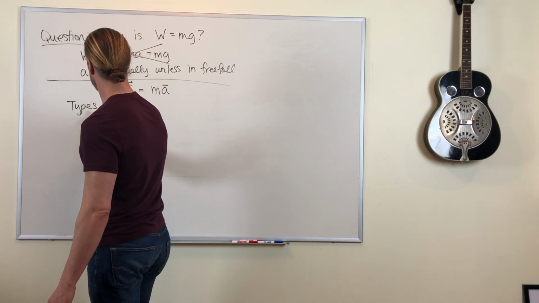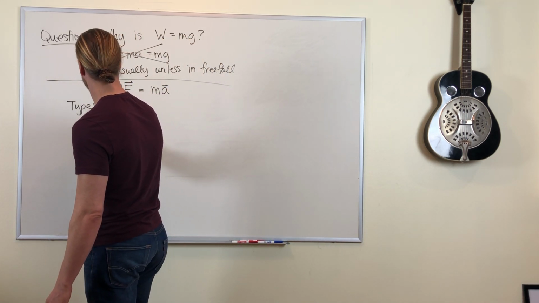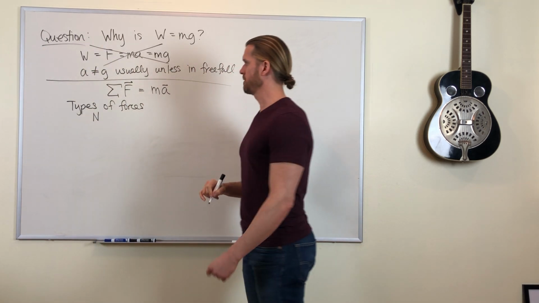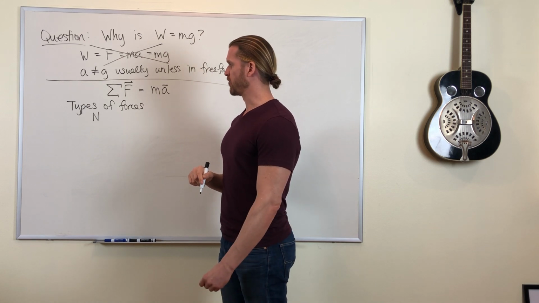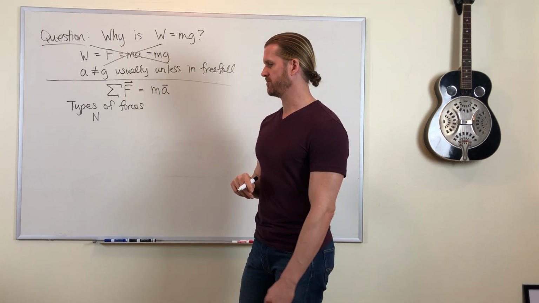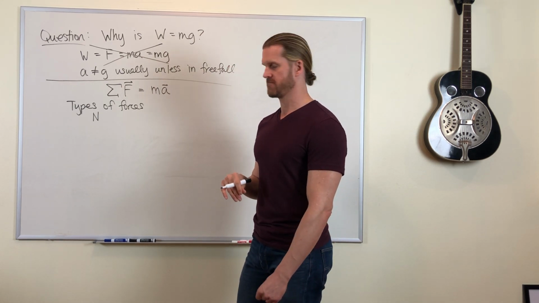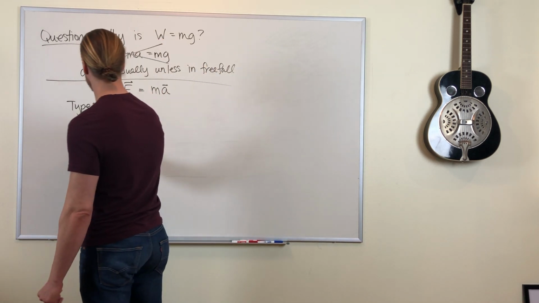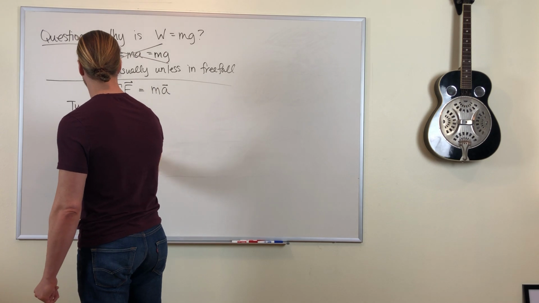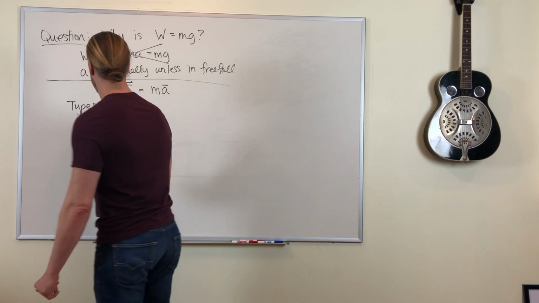We've learned about, say, normal force. Sometimes normal force is an object's weight, sometimes it's weight times cosine of an angle if it's on a slope. We've learned about friction. That has this formula mu times n.